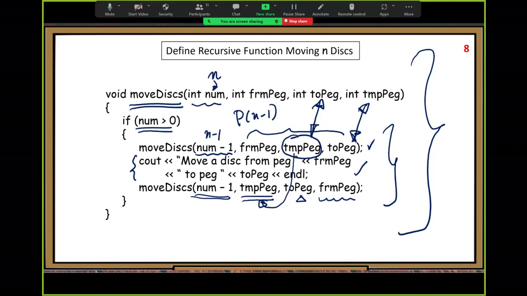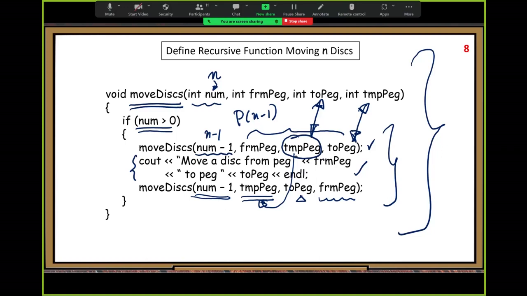We are willing to spend that much computing resource, and we want to solve a hard computing problem using recursion. That's the story. Any question for this example?